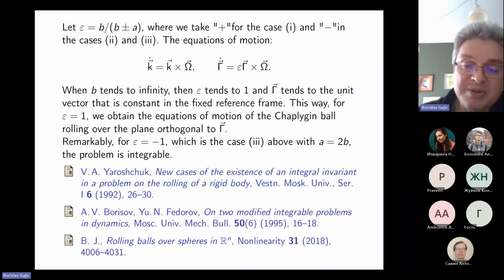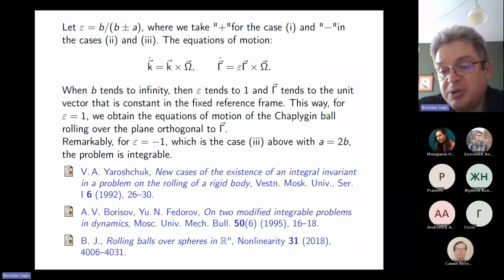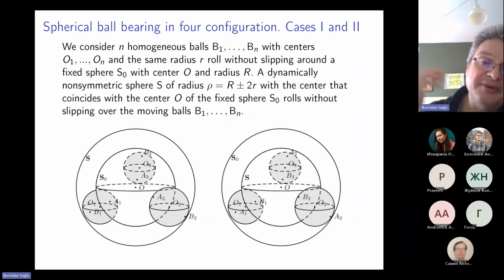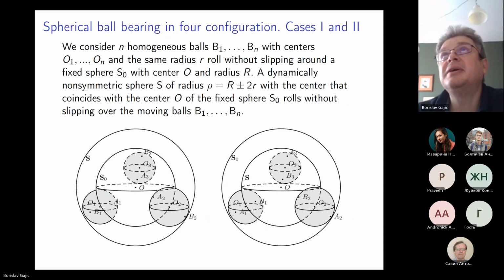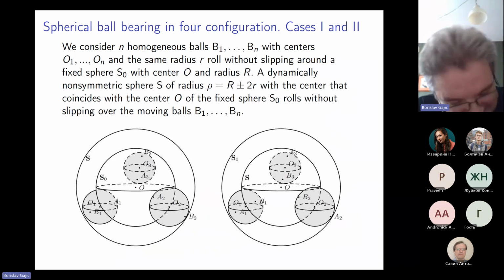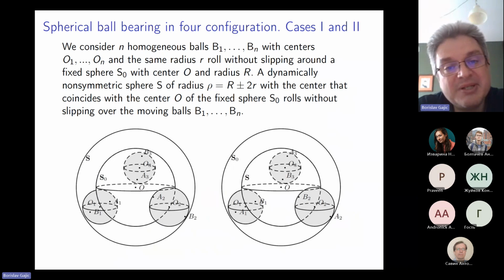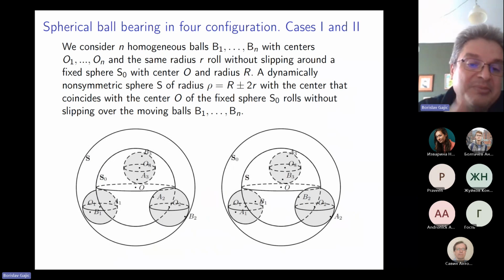So we generalize all these integrable models within one nonholonomic model. Originally we didn't ask for this problem. We started to consider some nonholonomic system, and as a result of our research, we obtained this interesting fact.